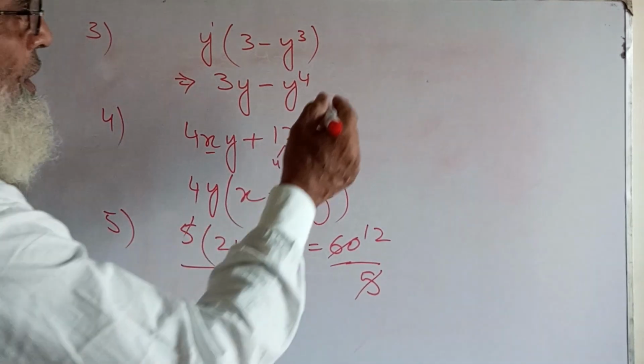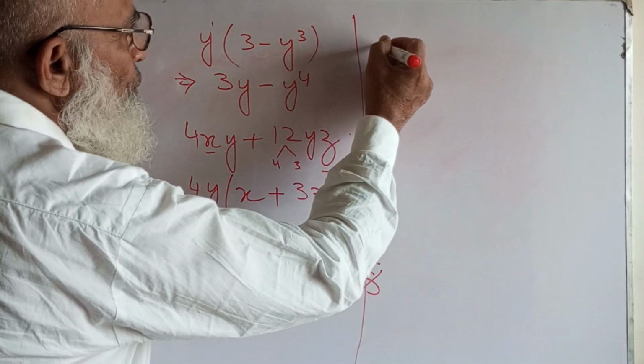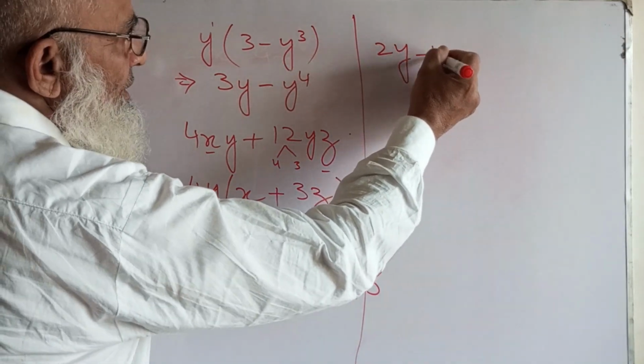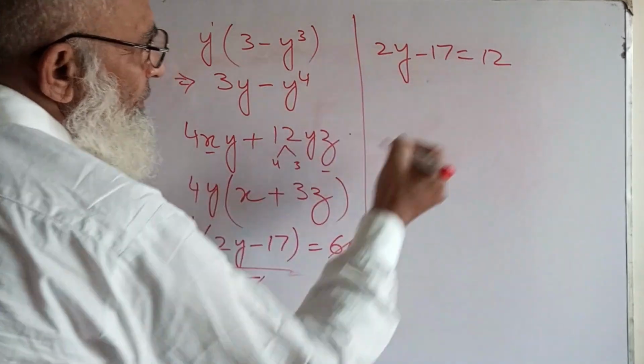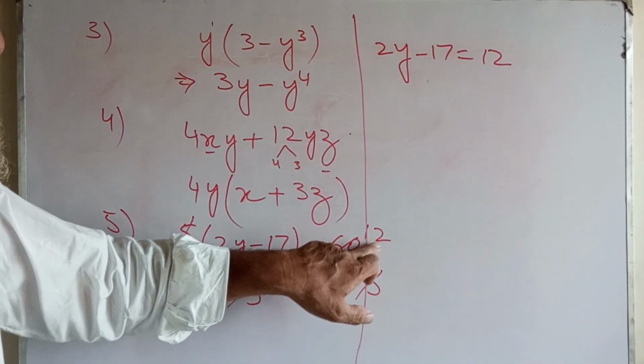Now we are left with 2y minus 17 is equal to 12.